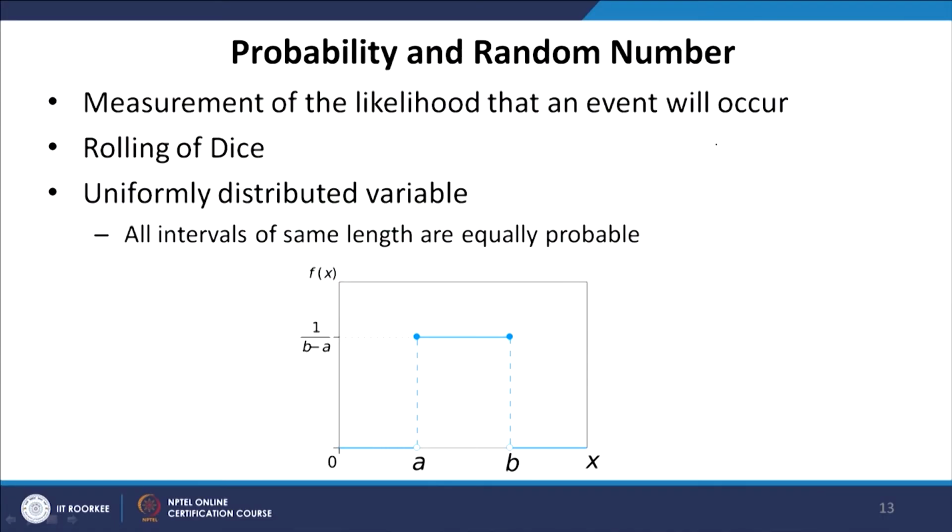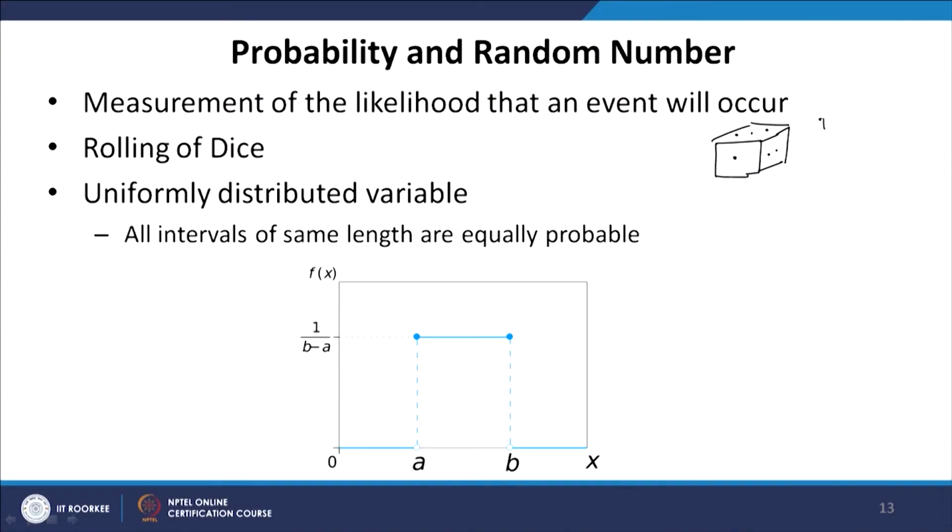So, for example, let us say we have a dice numbered from 1 to 6; it has 6 faces, and we throw this dice. Then the probability of getting 1 or any other number is uniform.